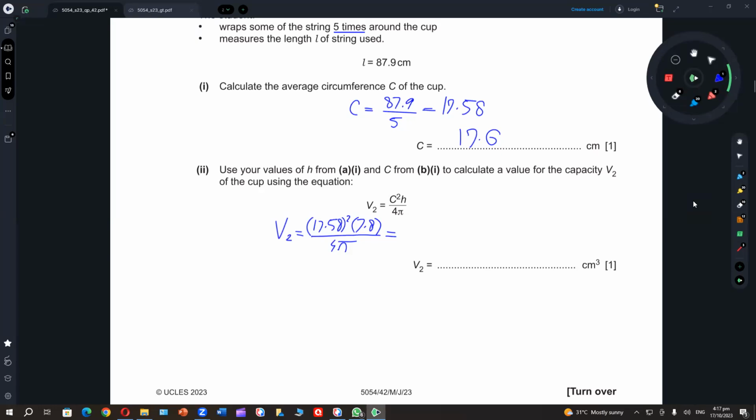Let me know what answer you are getting. 191.83, right.